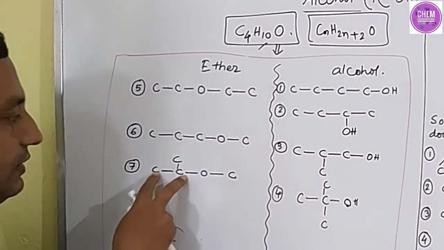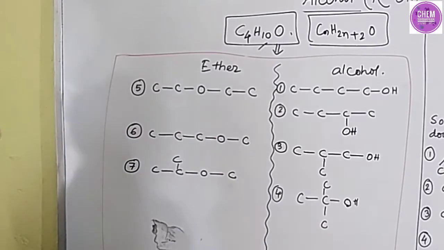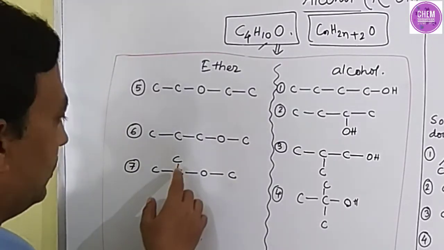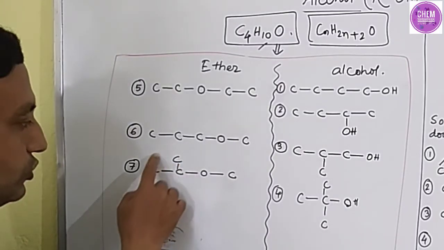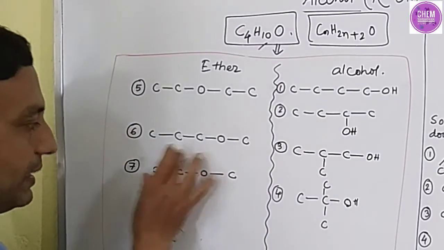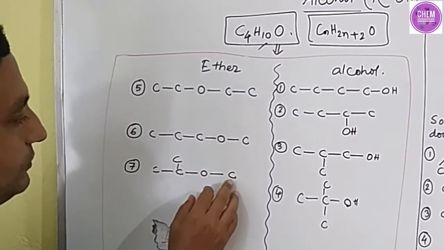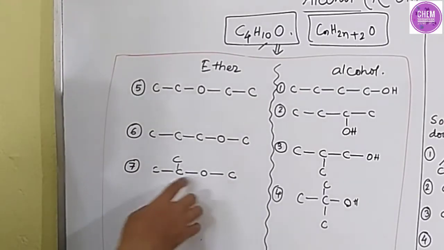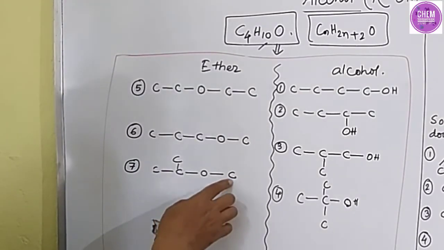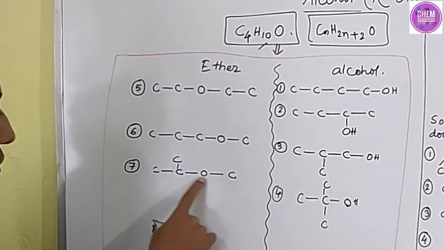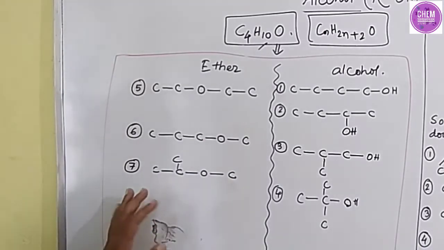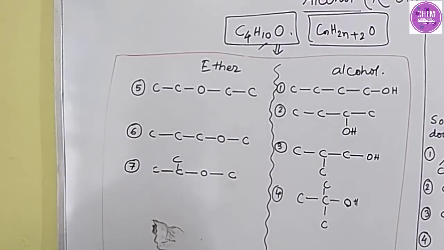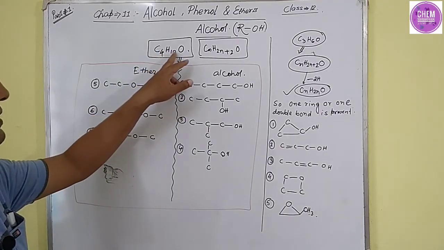And if the propyl group gets branched, this is the isopropyl part, isopropyl, and this is methyl. So M comes first, then P. That's why methyl isopropyl ether. So we get 7 types of compounds that are isomers of each other, having the formula C4H10O.